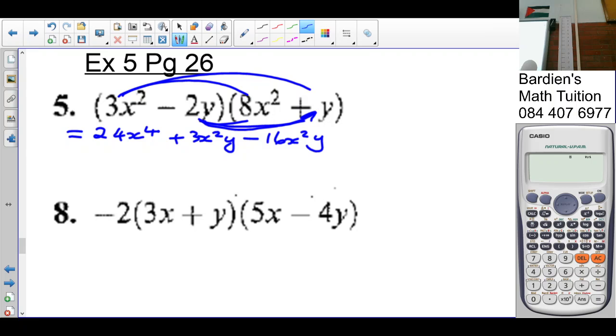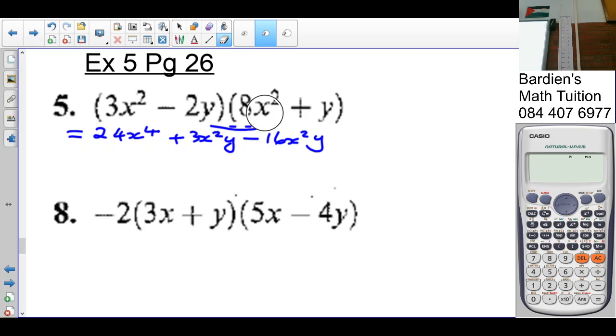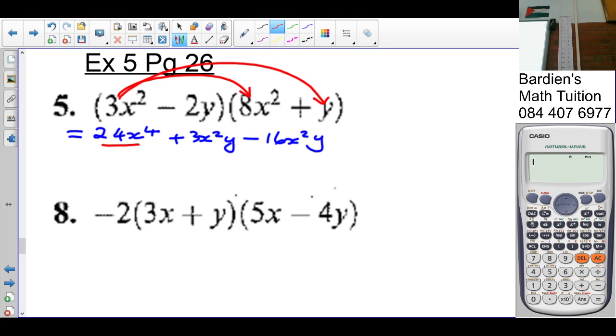Can you see a mistake? You got 3x squared must be multiplied by 8x squared. That's what you get. Then 3x squared multiplied by y. The negative 2y multiplied by 8x squared. And then negative 2y by negative 1. It's going to give you negative 2y squared.